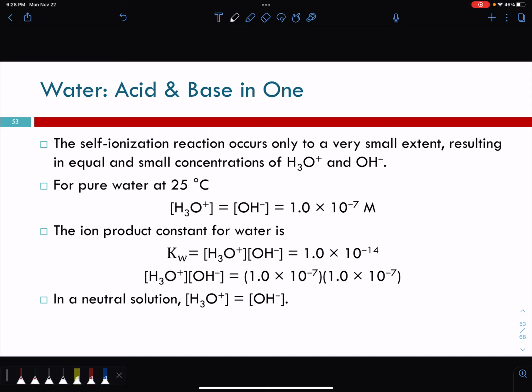We'll talk about it in a little bit, but this 1 times 10 to the negative 7, that's pH 7. So that's neutral water. This 1 times 10 to the negative 14 is sort of a link between these two concentrations because they always have to be the same. So if you know the concentration of one in water, you can calculate the concentration of the other.